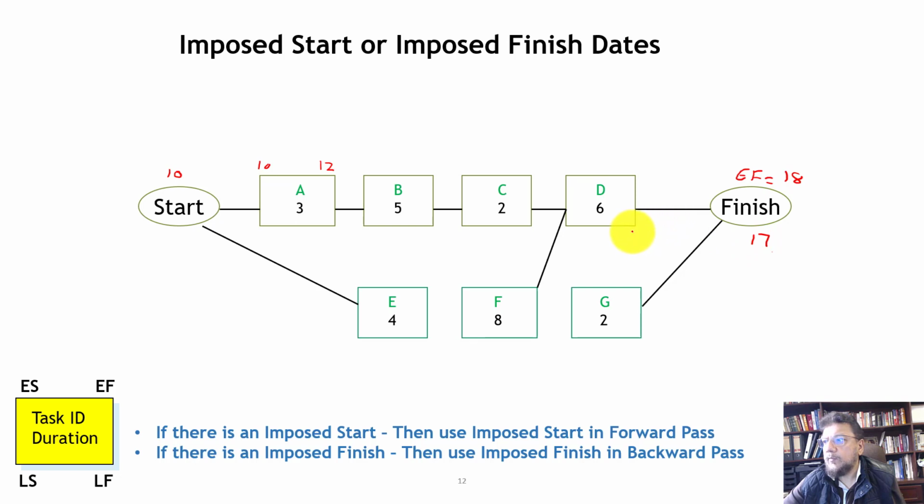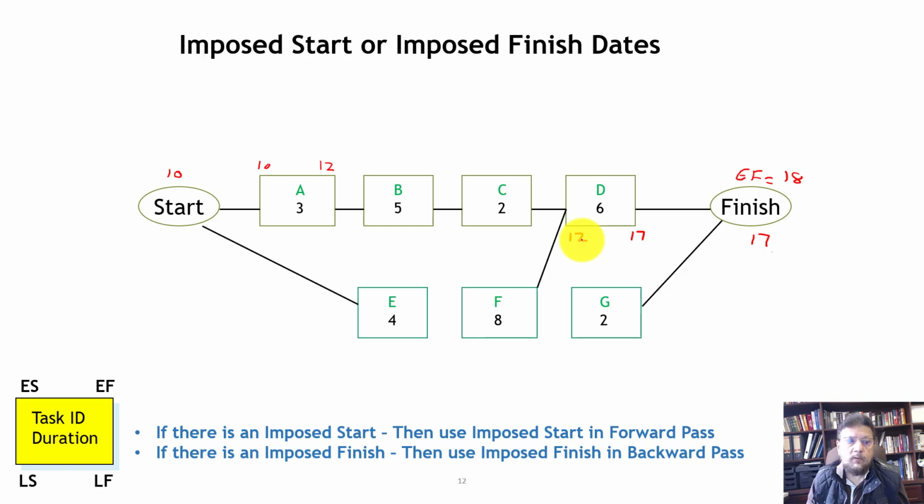So this would become 17, and 17 minus 6 is 11, so this becomes 11 plus 1, 12. That's the only difference that happens. So there's no other difference. Imposed start affects the forward pass. Imposed finish will affect the backward pass.